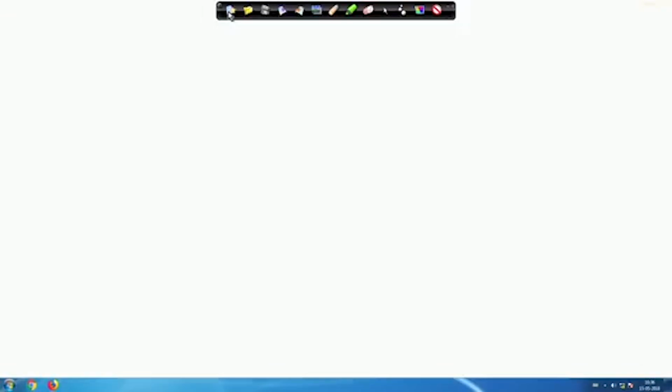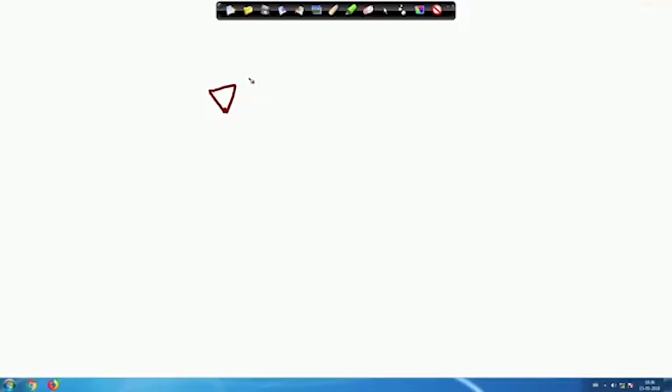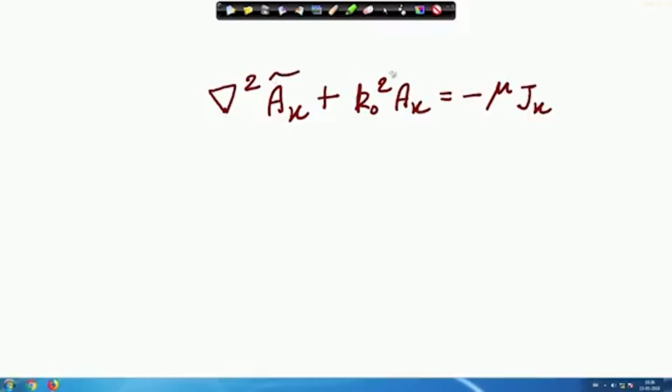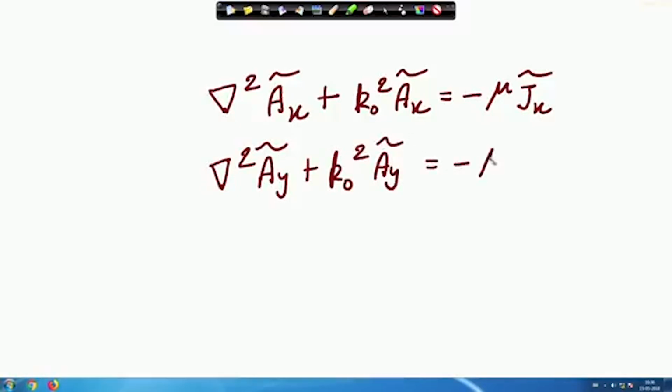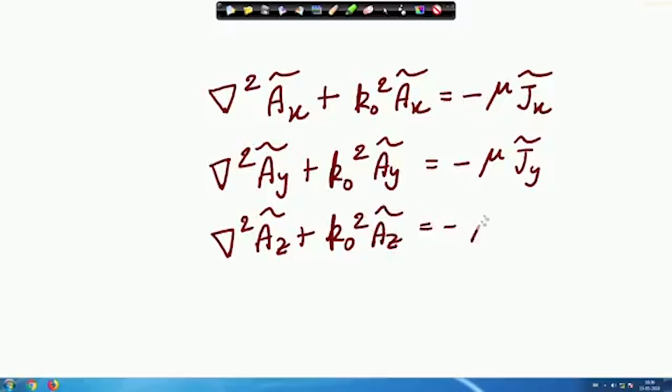Also, I say here that the inhomogeneous Helmholtz equation in the magnetic vector potential boils down to 3 scalar equations.